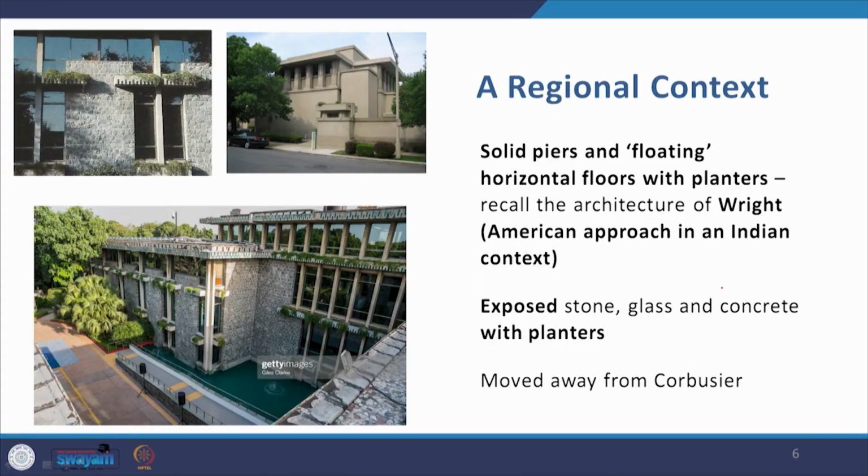Knowing that we have got a very harsh summer, and in Delhi for example they have got a very harsh winter also, these buildings respond to this kind of climatic conditions, and this is a very important organic architectural concept, that the building must respond to the local climate, the local topography, the local materials, and be a part of the landscape rather than standing out as an isolated piece in the landscape. So this regional context is what we see in his buildings.